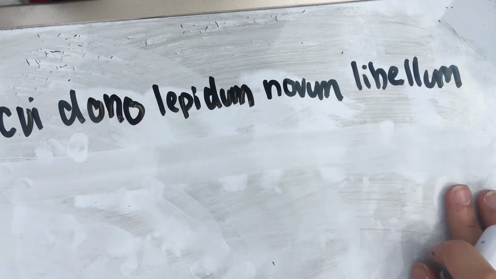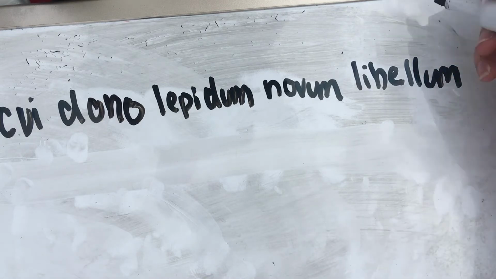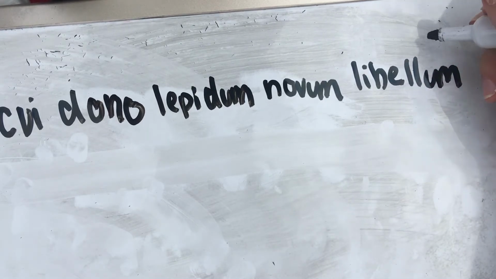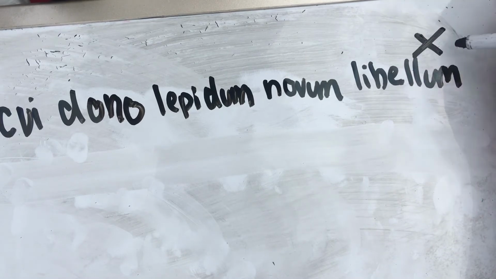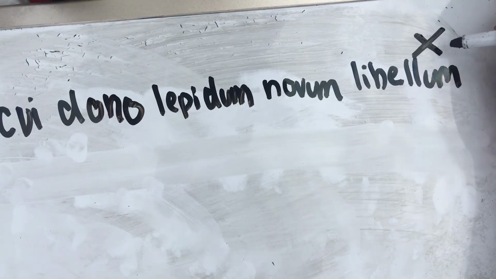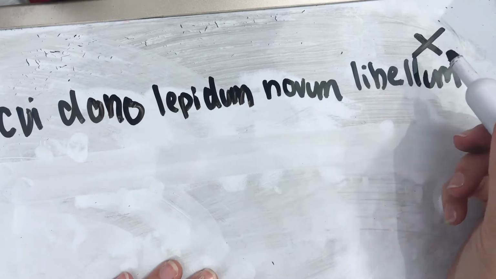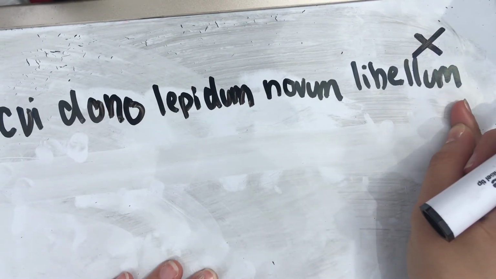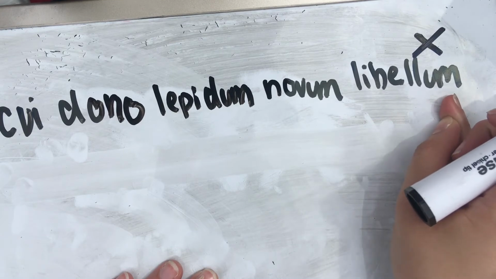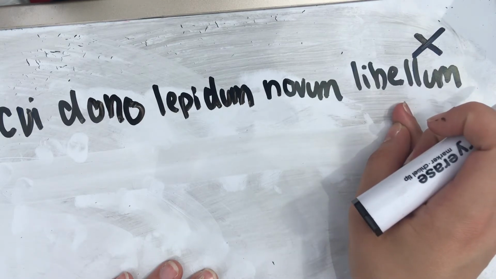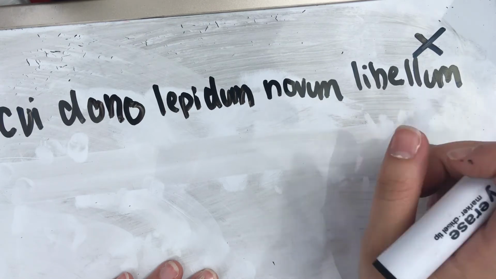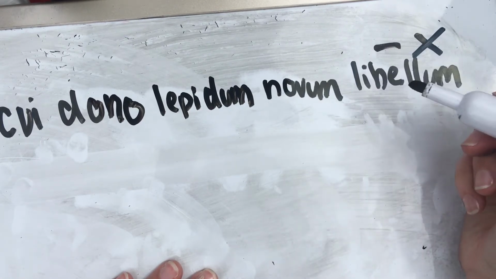Then you can just go about scanning. Like we said before, the first syllable, or the last, depending on how you want to look at it, you always just mark as X. Doesn't matter too much. So libellum, that's 3 syllables there. Last syllable, X. This one is going to automatically be long, just because of the pattern that we memorized.